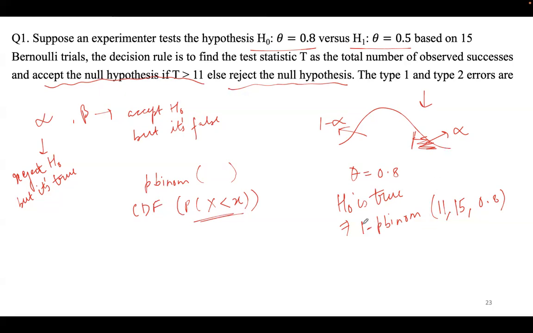Okay. Sorry. So we won't have this 1 minus thing because we are accepting the null hypothesis when it's greater than 11. Right? So since it's greater than 11, okay, wait, I think I messed something up.